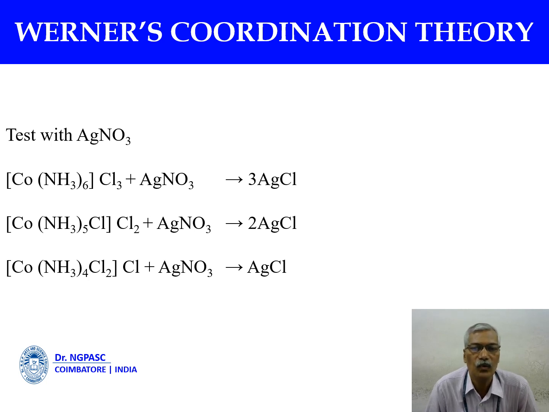In compound 2, only 2 silver chloride is produced, and in compound 3, 1 silver chloride is produced. So from the amount of silver chloride produced from every compound, he got additional confirmation of the structure he had proposed previously with the help of the conductivity measurement.